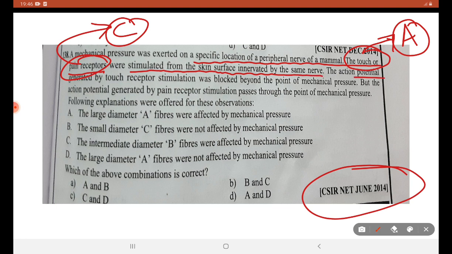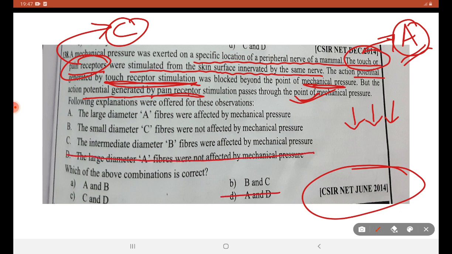The action potential generated by the touch receptor stimulation was blocked beyond the point of mechanical pressure, but the action potential generated by the pain receptor is normal. So which is affected? Touch is affected, A is affected. This statement is saying that A is not affected, so D can't be the right answer. A is affected, touch is affected. So A and B is the right answer.